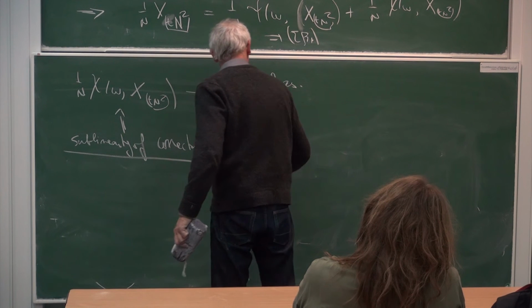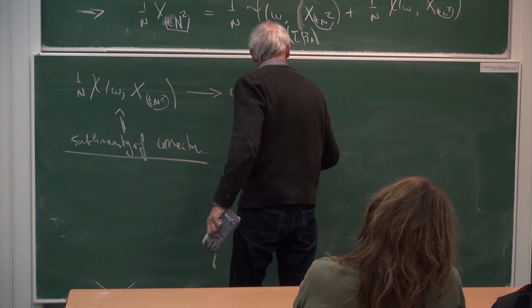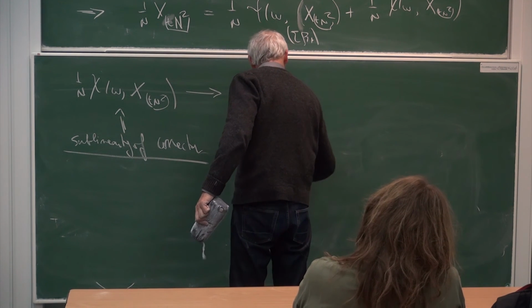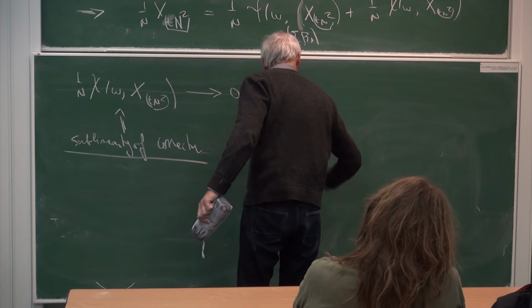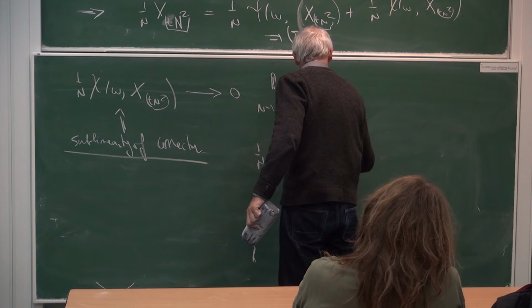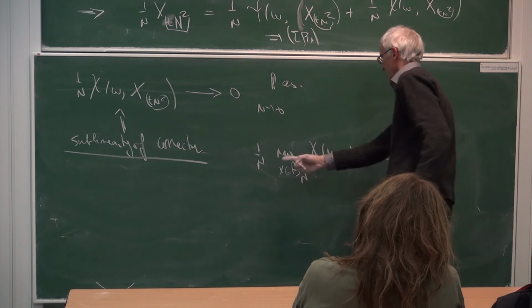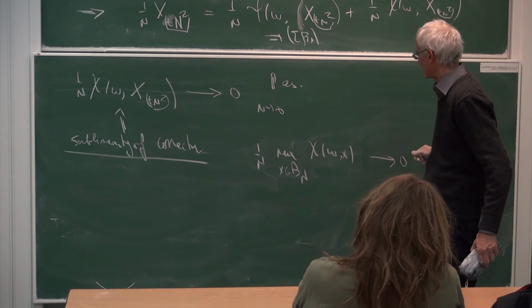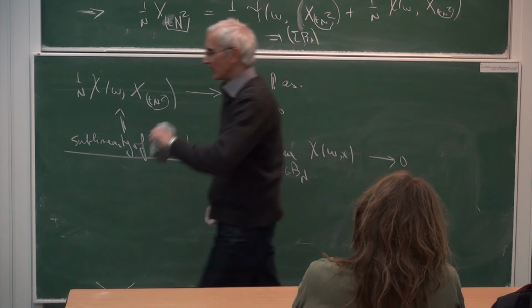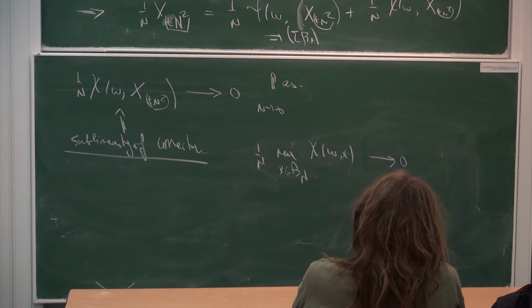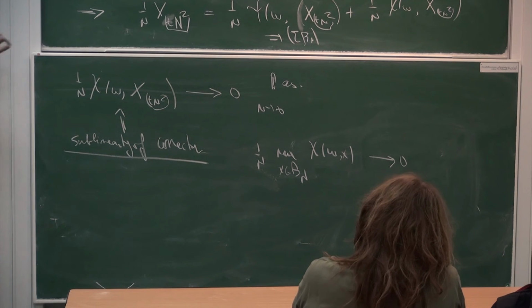which means that you take 1 over n, you take the maximum over x in the ball of radius n, of chi of omega x, then this will go to 0. This is sublinearity of the corrector. And it turned out that here we need an analytical tool.